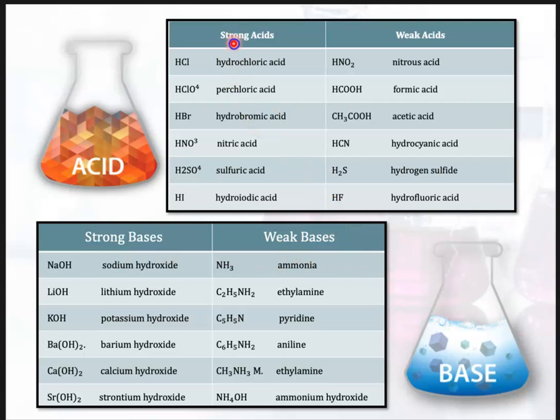If the substance is a strong acid, when it becomes a base, it will become a very weak base. This is just an example. I will explain that later in the acid and conjugate base pair. So this is just a list of examples of strong acid and weak acid, strong base and weak base.